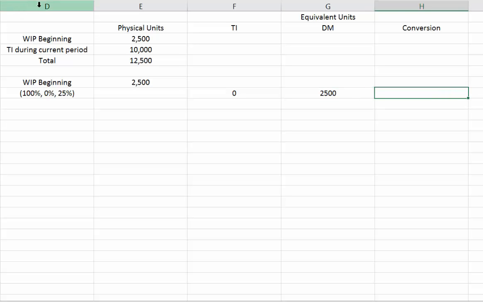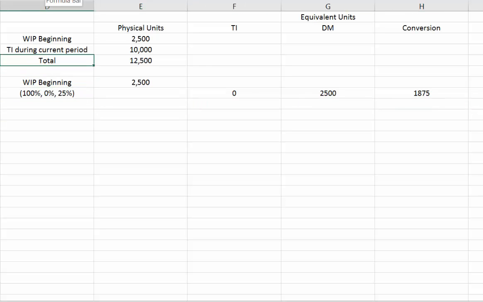For the conversion, we're looking at 2,500 multiplied by 100% minus 25%. So you have to finish 75% of the conversions. So you have to pay attention to 1,875 equivalent units for the conversion. All right, perfect.